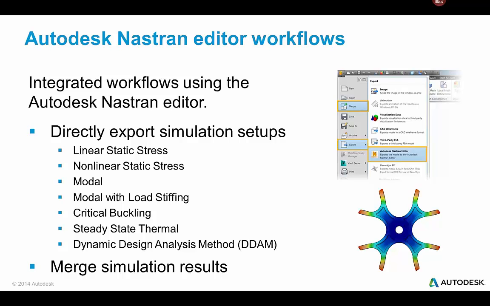You can edit it, meaning you can change your loads, boundary conditions if you want to, or material properties, or any type of additional settings. And when you're ready to run it, you can simply say run simulation and look at your results within the Nastran editor.